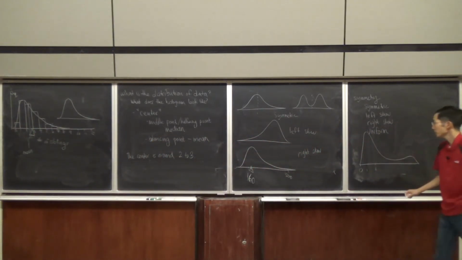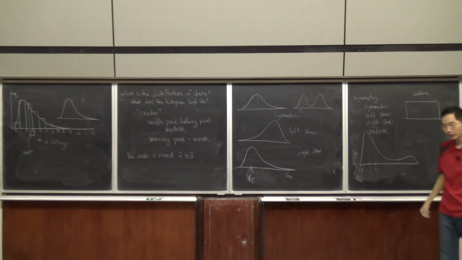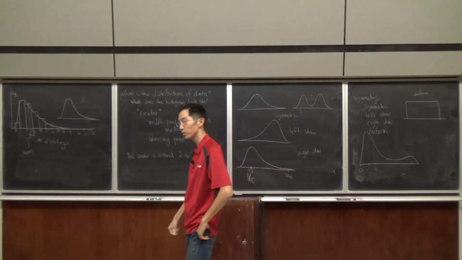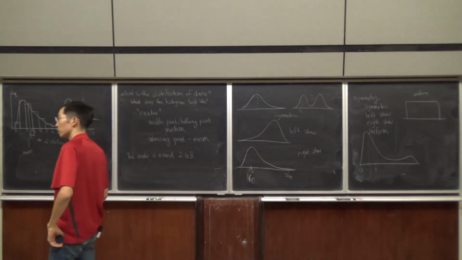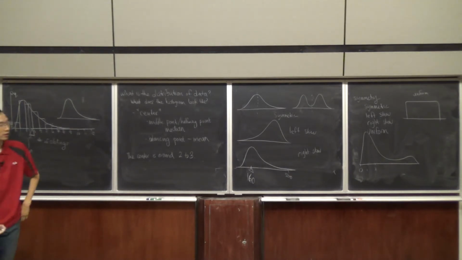All right, uniform. It looks like this, meaning that all values are equally likely. Again, this is a numeric distribution. So this is saying all values that are possible are equally likely.